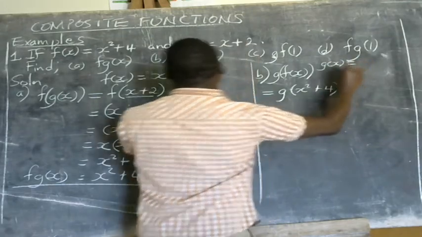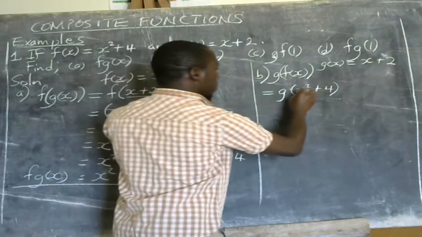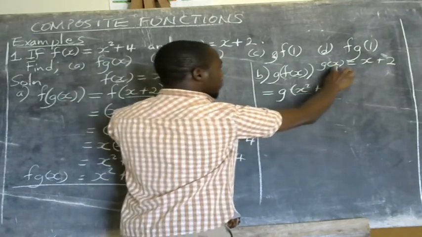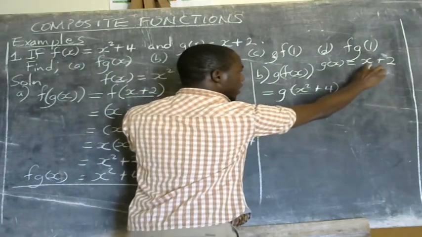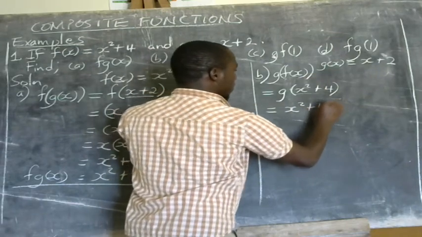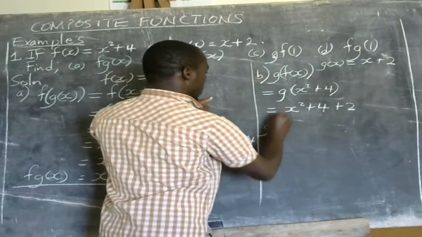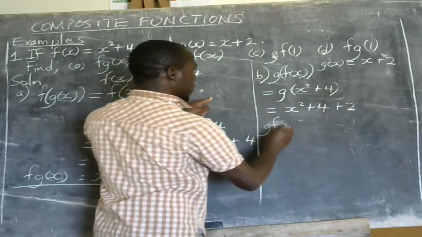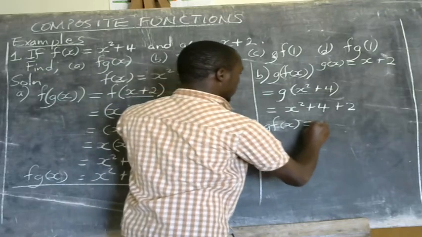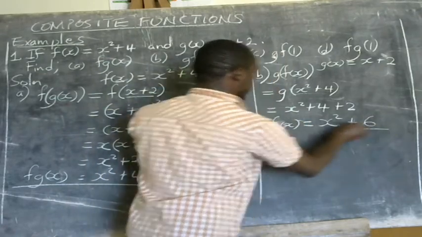The g of x was x plus 2. So you can see now, I'm going to substitute f for x in there. So this becomes x squared plus 4, then there is an addition of 2. My g of f of x now gives me x squared plus 6.